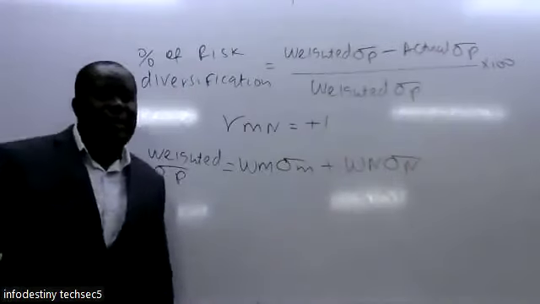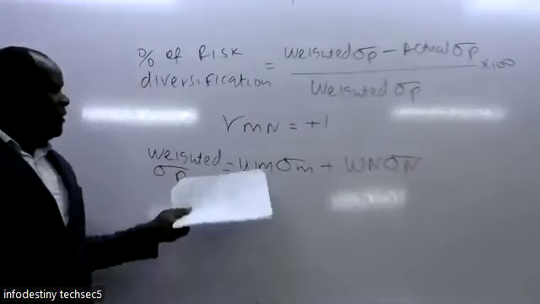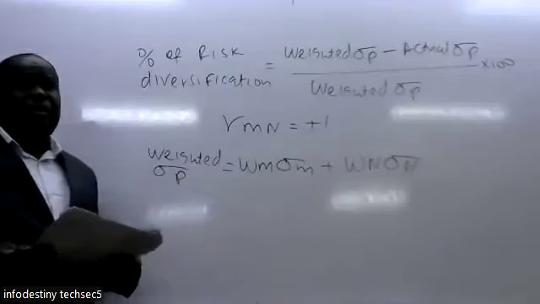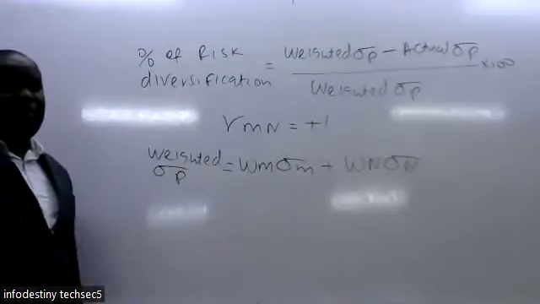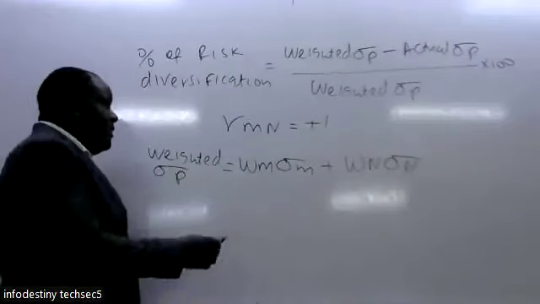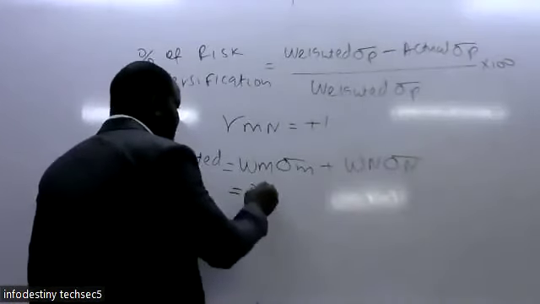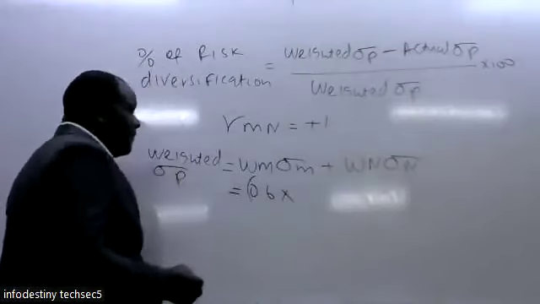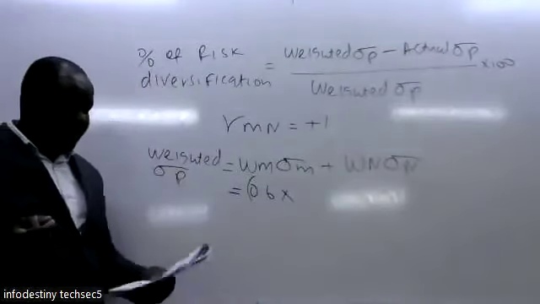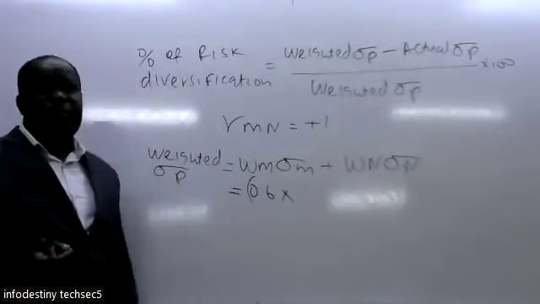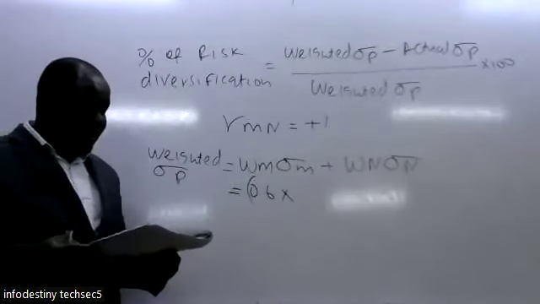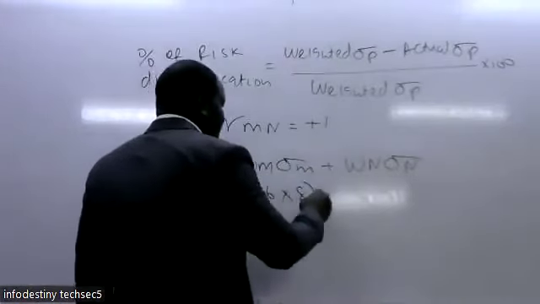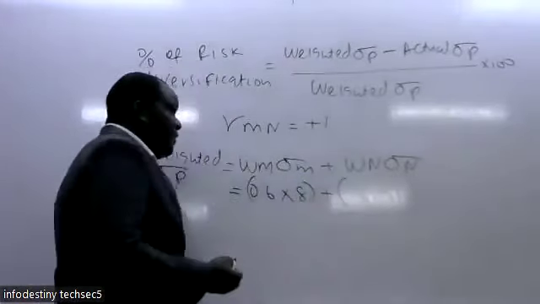So from the Roman letter 1, we have seen the weights. The weight for M, remember you take 1.2 million divided by 2 million. That should give you 0.6. The standard deviation for M is given as 8.